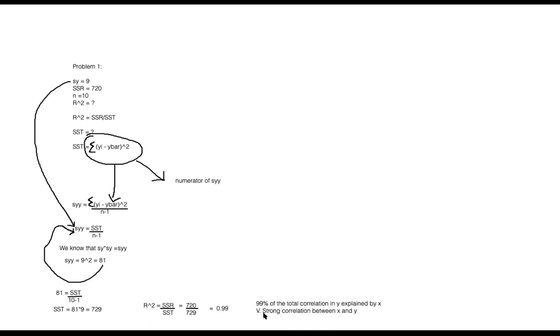Okay, so now let's try to solve for Pearson's R. So we know that Pearson's R squared gives you R squared. So in order to figure out what Pearson's R is, we can simply take the square root of R squared. All right, square root of R squared.